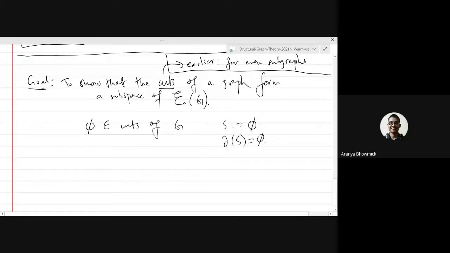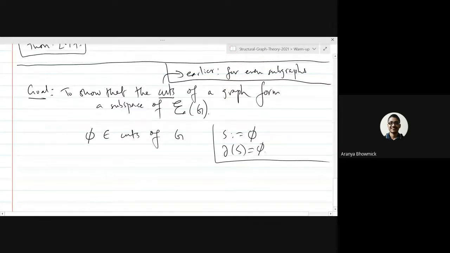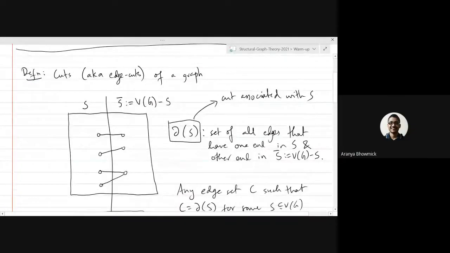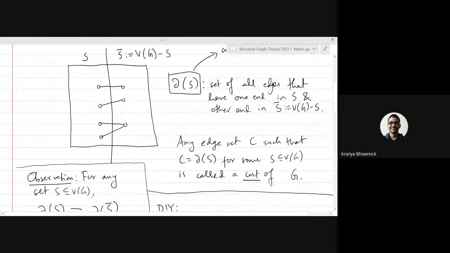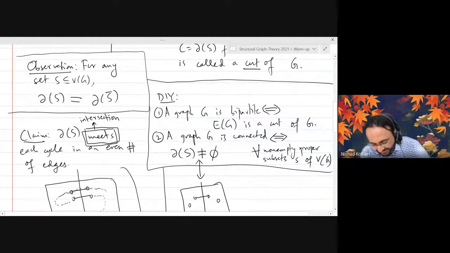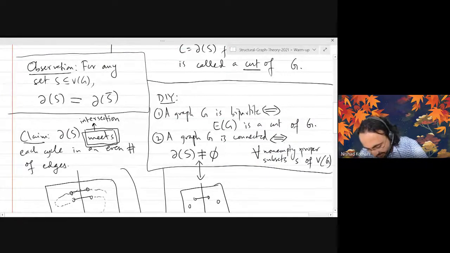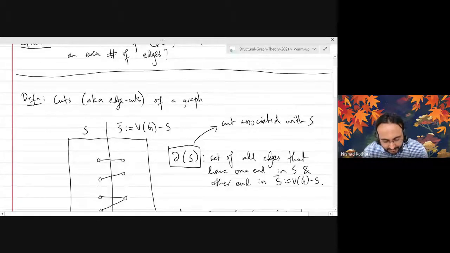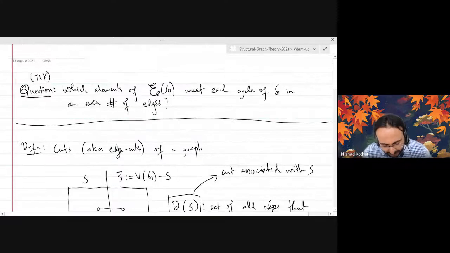But sir, in the definition you just took S to be a non-empty proper subset. Then how can you take S to be empty? Oh, I see. Did I say that in the definition? Yeah, you said exactly that S must be a non-empty proper subset. No, I think that was only here, in this statement. The definition of a cut does not require S to be non-empty.